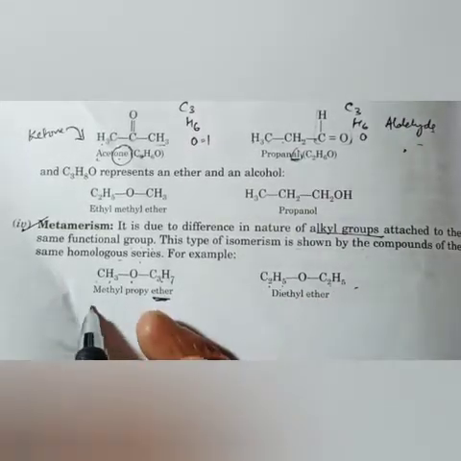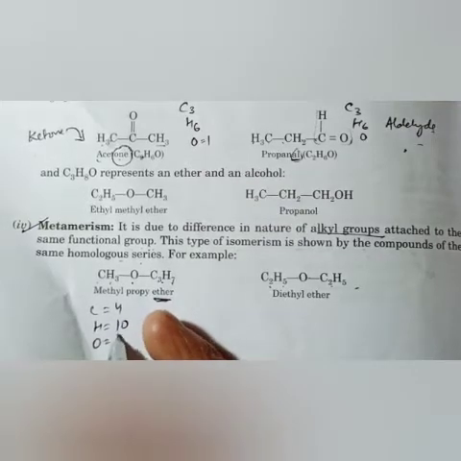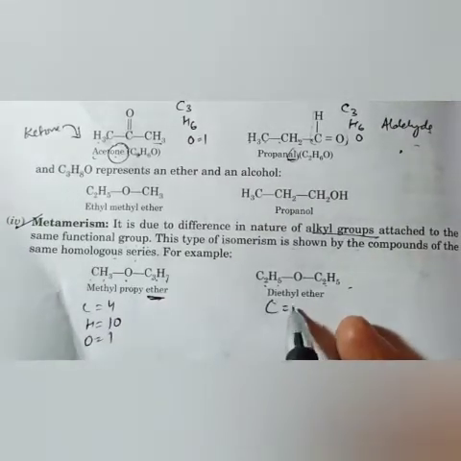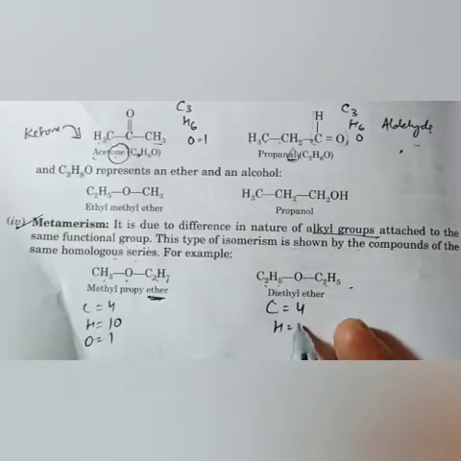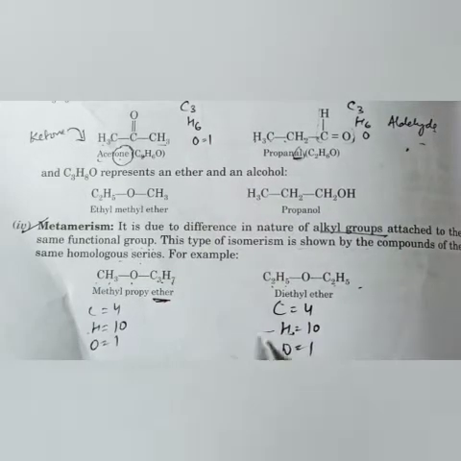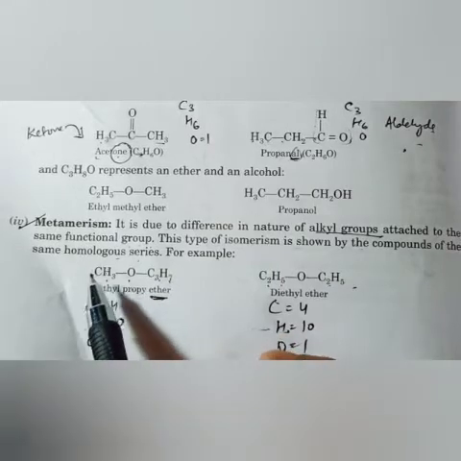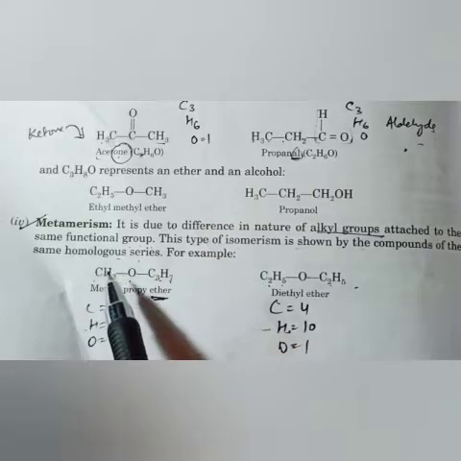The number of carbon is 4, hydrogen 10, oxygen 1 on both sides. So same chemical formula but different structure. That's why it is called metamerism.